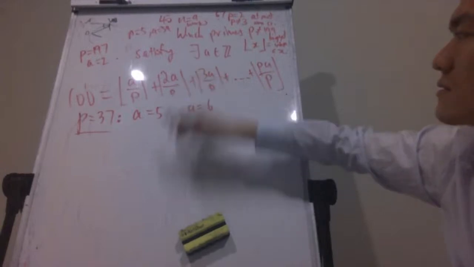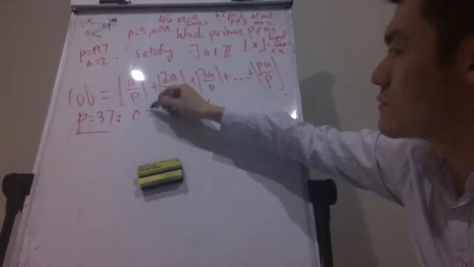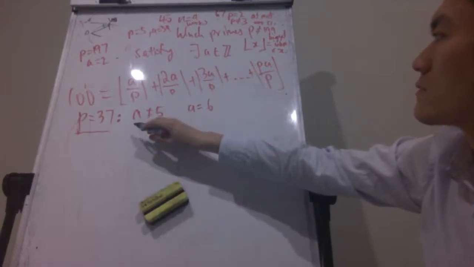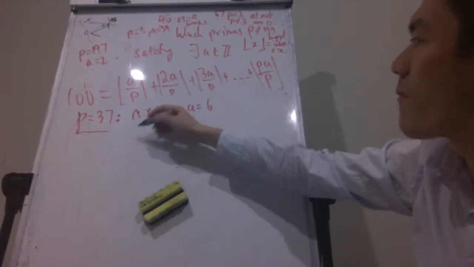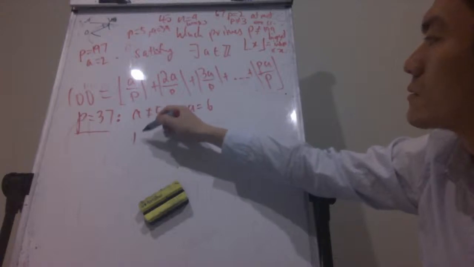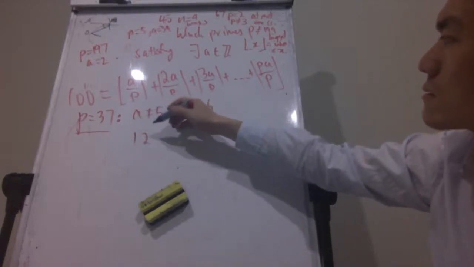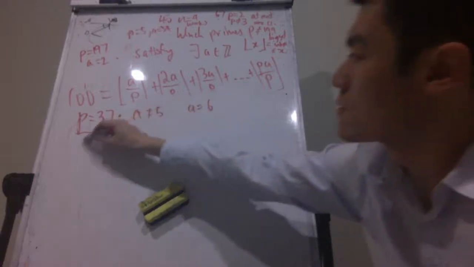A equals 6. So A is not equal to 5. A equals 6, for example. This is 6, so this is 6 and a 6.